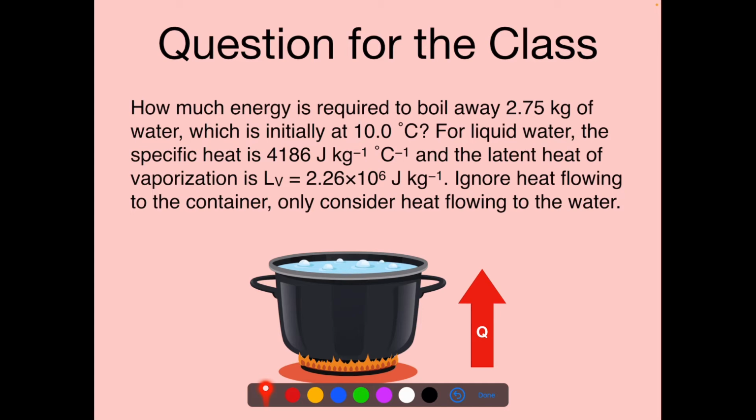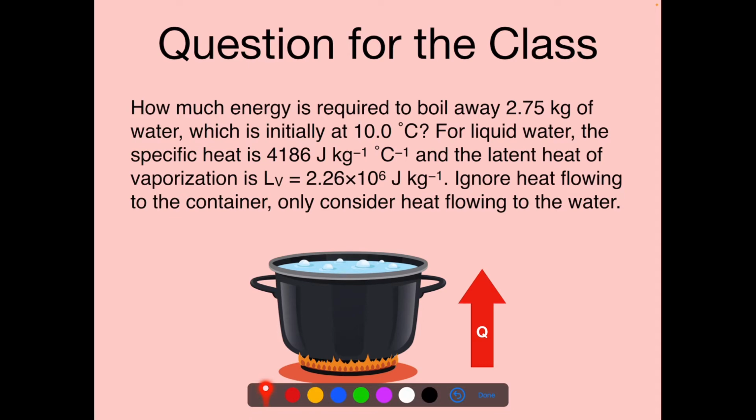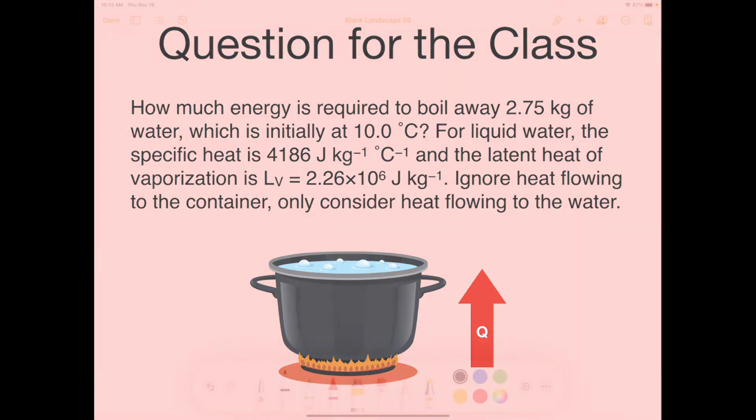And the latent heat of vaporization is LV, 2.26 times 10 to the 6 joules per kilogram. So we're going to ignore any heat flowing to the container. We're just going to imagine that all of this heat is going directly to the water. So pause the video, try to work this out, and then we'll go through it together.